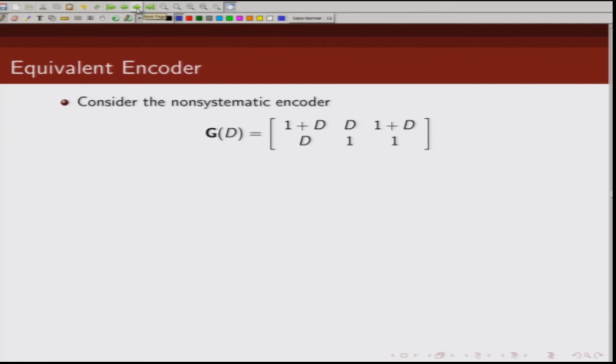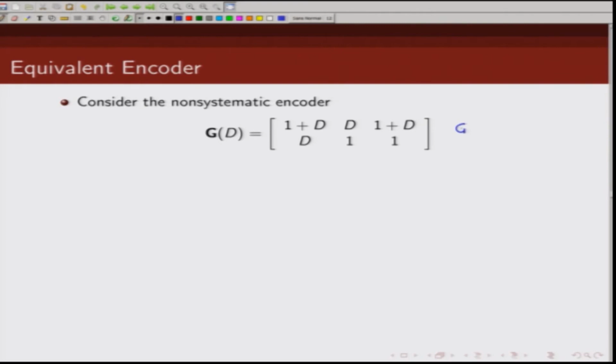So, let us take an example of a non-systematic feedforward encoder, and let us try to find its equivalent systematic encoder. What would be the equivalent systematic encoder corresponding to this non-systematic encoder?